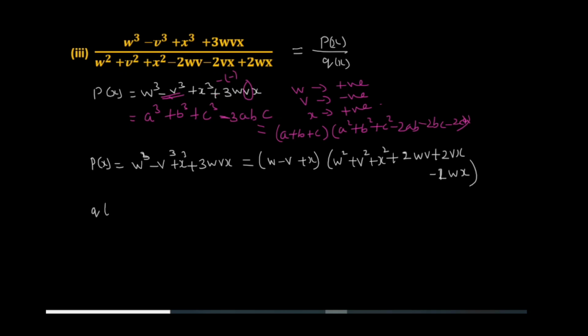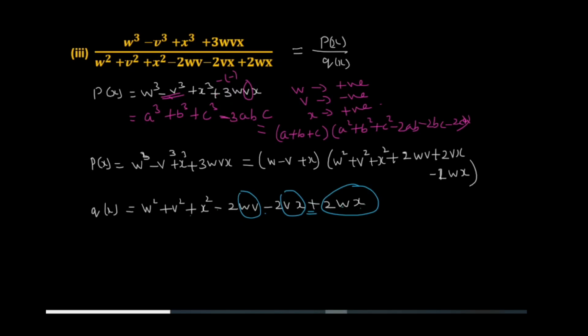Let's see the denominator. Q of x is equal to w squared plus v squared plus x squared minus 2wv minus 2vx plus 2wx. Now look at the product terms. W and x are the same sign, so we get a positive sign here. V and x are different signs, so negative. W and v are different signs, so negative, which means w and x are positive and v is negative.